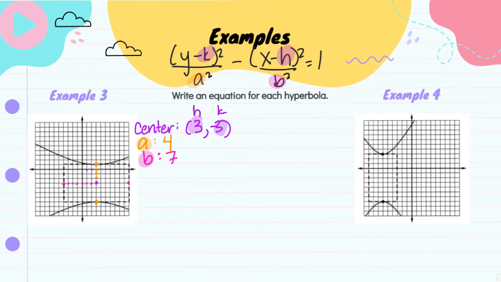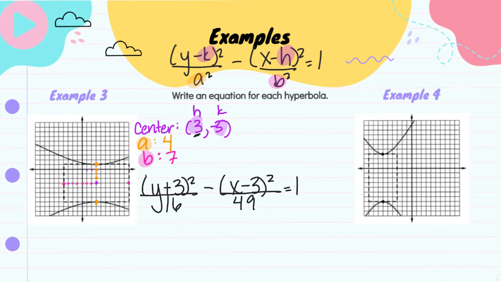So this we write as y minus negative 3, so y plus 3 squared over a squared, which would be 4 squared, which is 16, minus x minus h squared, which is the first letter here, 3, squared over b squared, which is 7 squared, which is 49, equals 1.